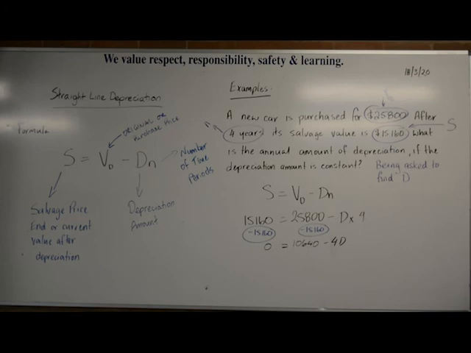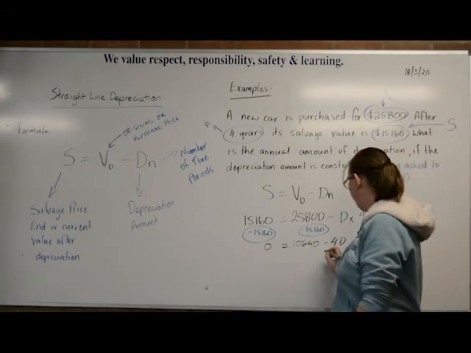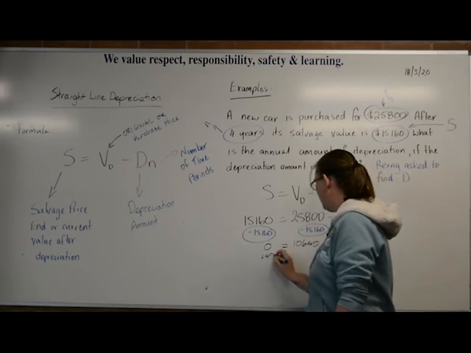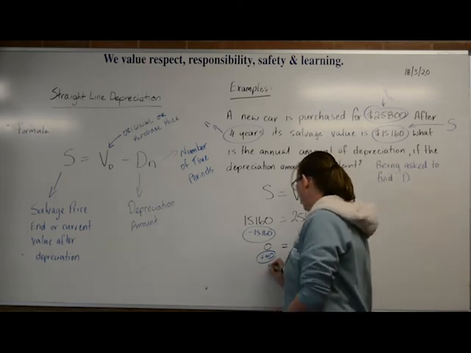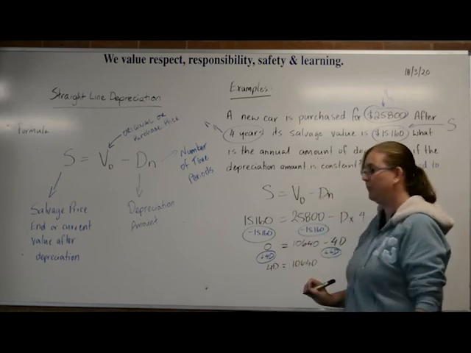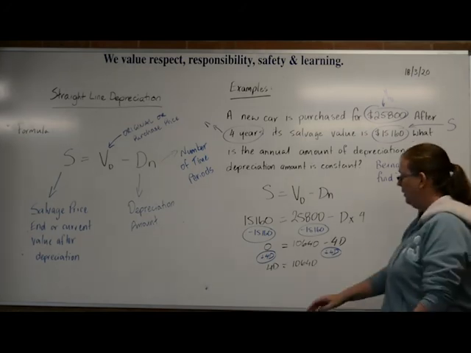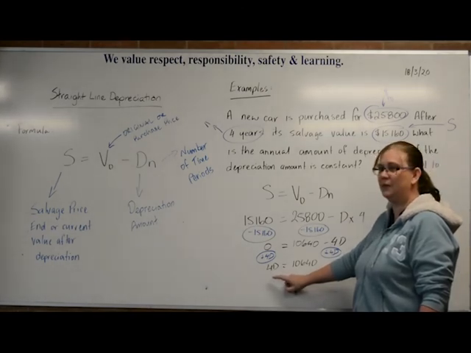Now what I'm going to do is add 4D to both sides, because it will cancel it out over here, but it will also move it over to here. So that'll leave me with 4D equals 10,640. See how I've got nice positive numbers to work with? What can I do here now to get D on its own? I can't just take it off.